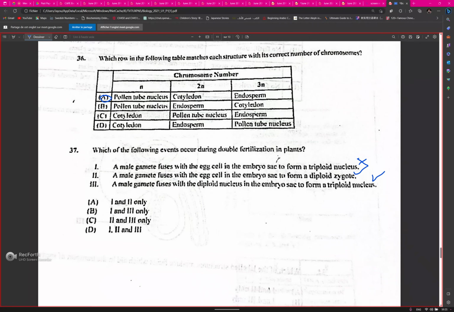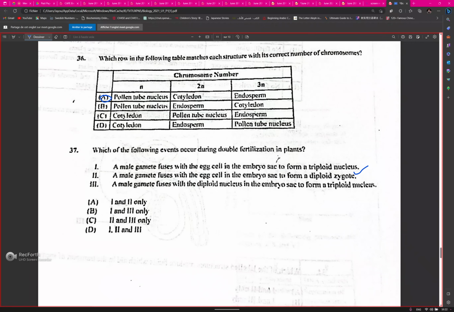No. This is true, and let me see. The male gamete fuses with the diploid nucleus to form, let me see. So one, the male gamete fuses with the egg in the embryo sac to form a triploid nucleus. Is that true? Or the male gamete fuses with the egg in the embryo sac to form a diploid zygote?